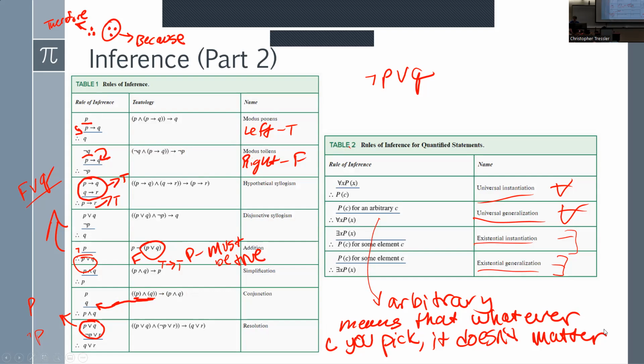Now, when I say you can pick an arbitrary number, you're proving it in some way where maybe you don't pick a specific number, maybe you pick a variable and you show that, based on some definition, there is no way for the variable to not make it true. That would be how you would do a universal generalization. It's not just that you pick one number and then say, oh, for this set of numbers.